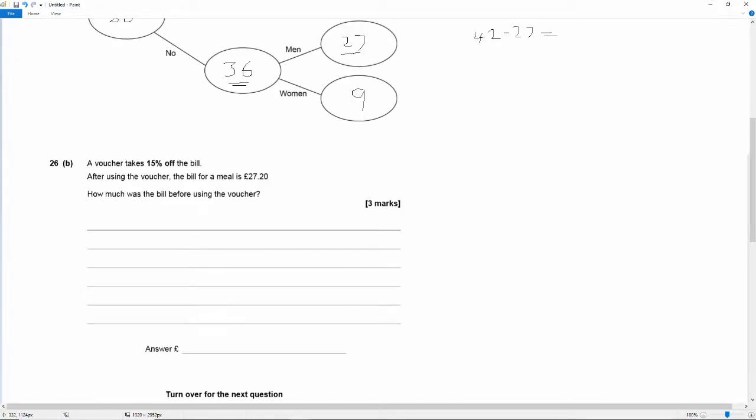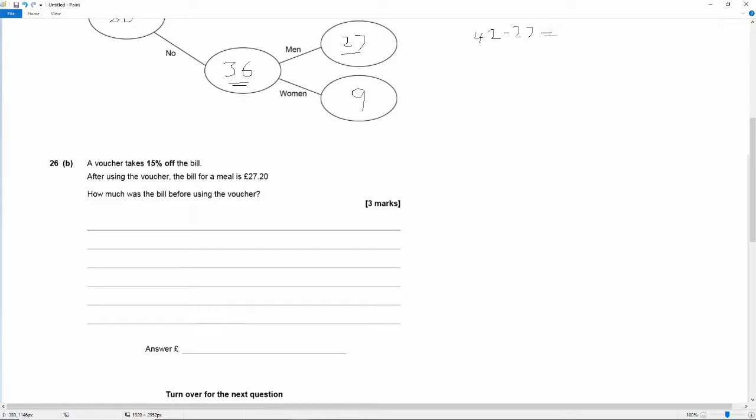26b says, a voucher takes 15% off the bill. After using the voucher, the bill for a meal is £27.20. How much was the bill before using the voucher? Well, I think the best thing to do is to think this through logically.